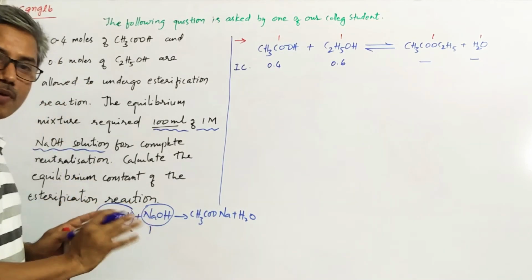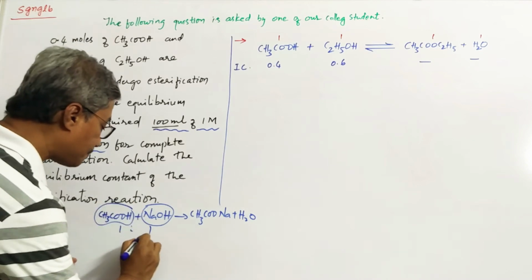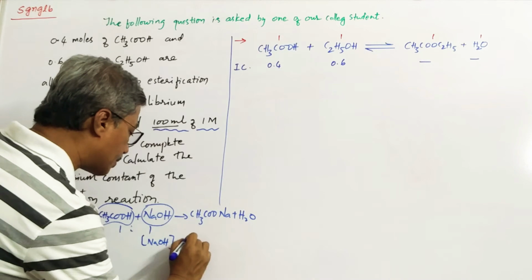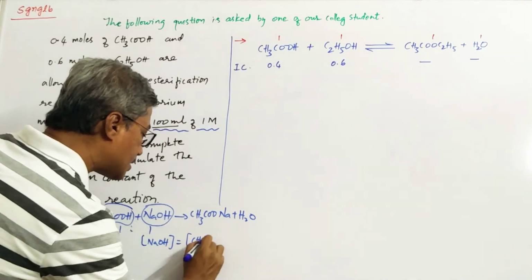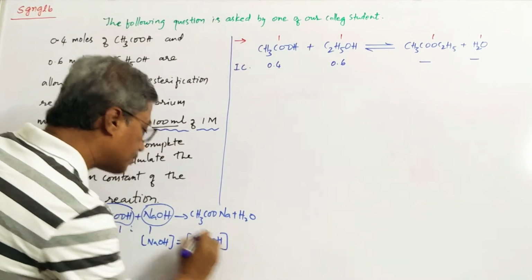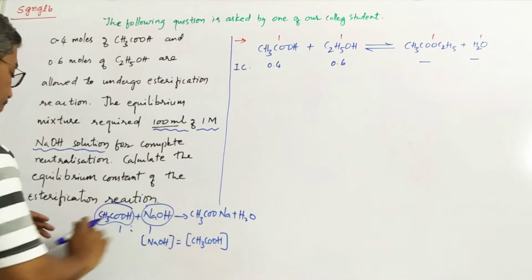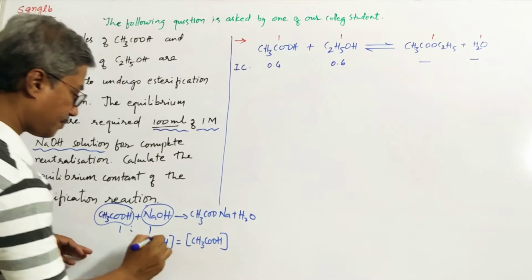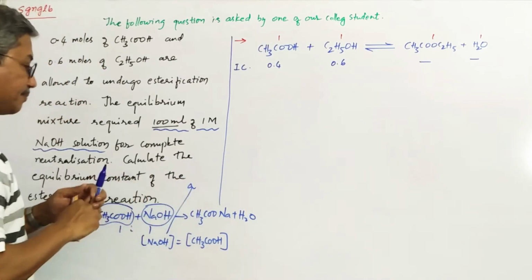That means they react in 1:1 ratio. So the molar amount of NaOH is equal to the molar amount of CH3COOH. Is that clear? Now, the concentration is given here.